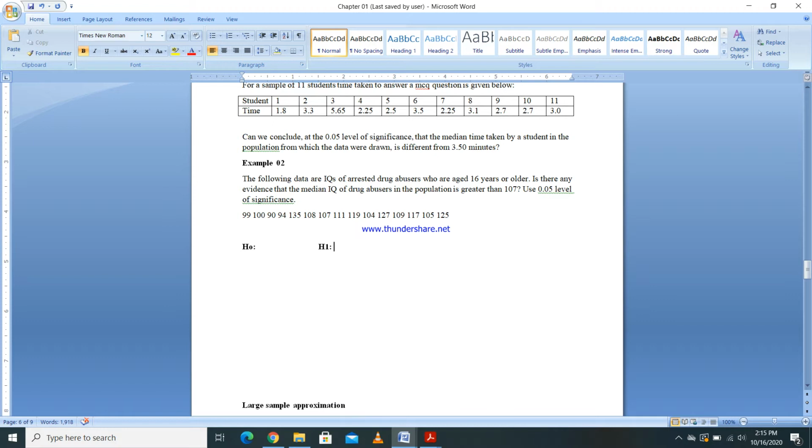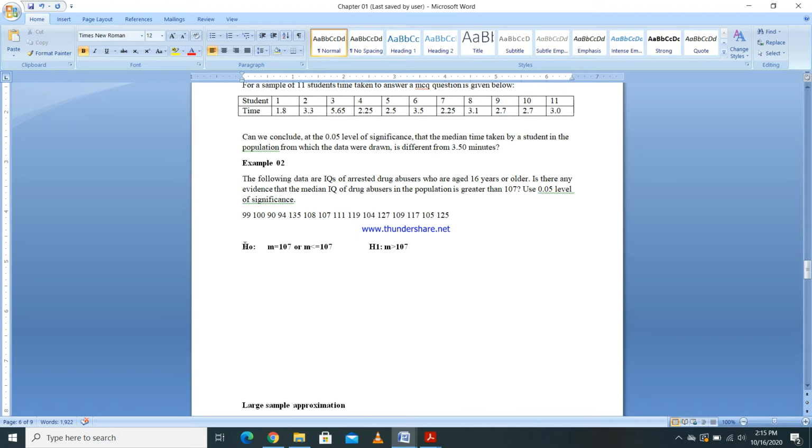Since we have to check whether the median IQ is greater than 107, I'll write H1 as M greater than 107. When you write H naught, you have two options. I'll write it as M equal to 107, or else you can write M less than or equal to 107. Either way is correct, so you can use whichever way you like.